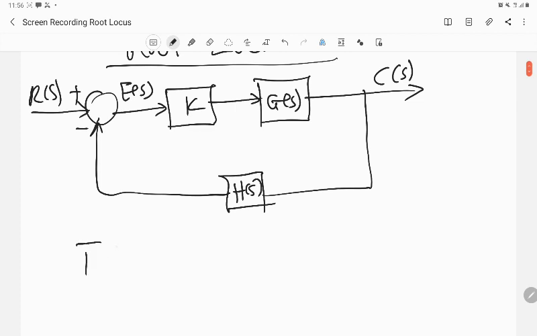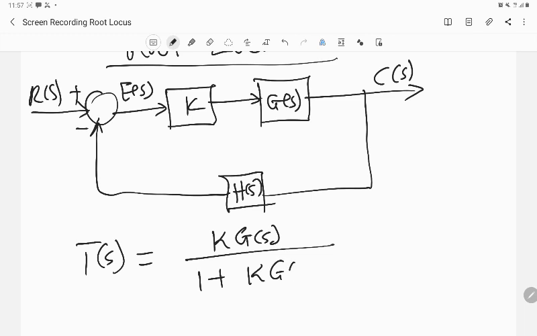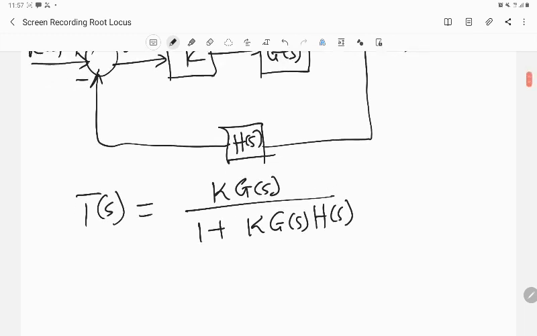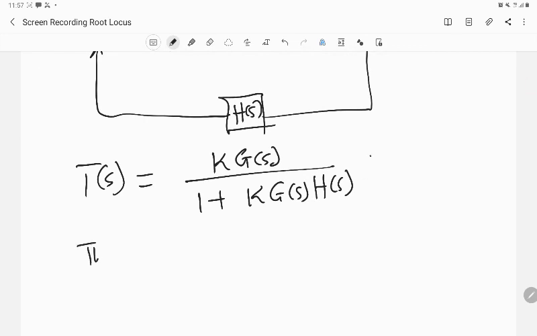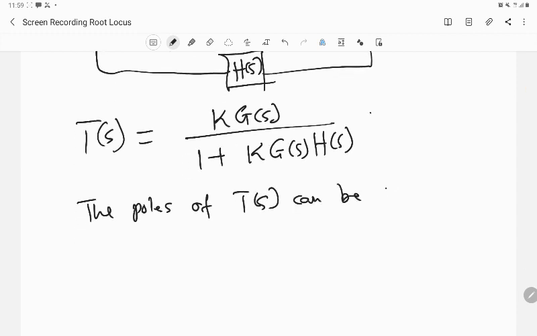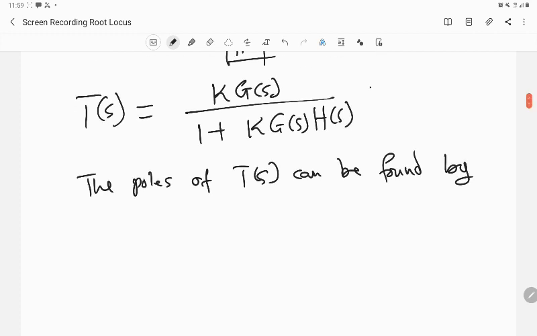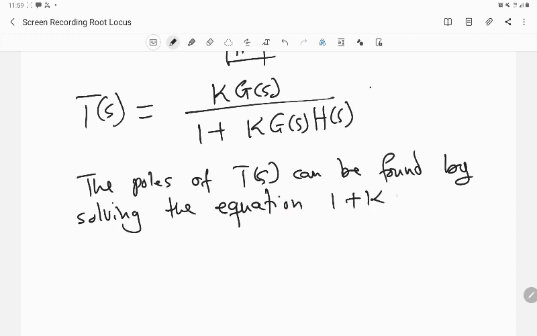Then we know that T of S equals K G of S divided by 1 plus K G of S H of S. So the poles of T of S can be found by solving the equation 1 plus K G of S H of S equals 0.